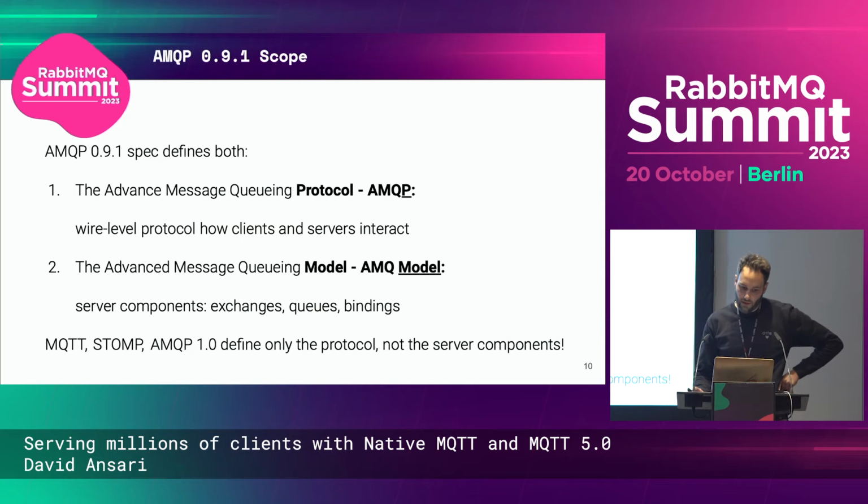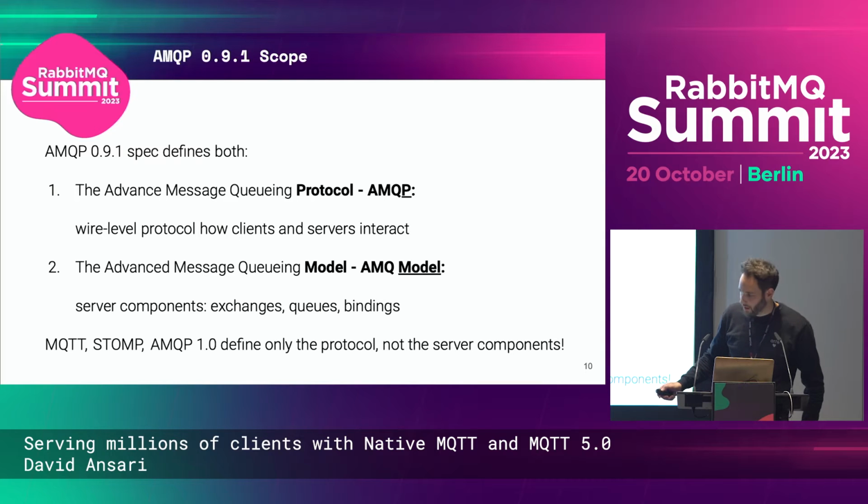For example, the MQTT spec doesn't define how a broker implements subscriptions and topic routing, or whether the MQTT broker uses a queue or a log, or, I don't know, a SQL database to store the messages. It's not defined. Similarly for AMQP 1.0, you have destination addresses or source addresses, but how the addresses look like is broker specific.